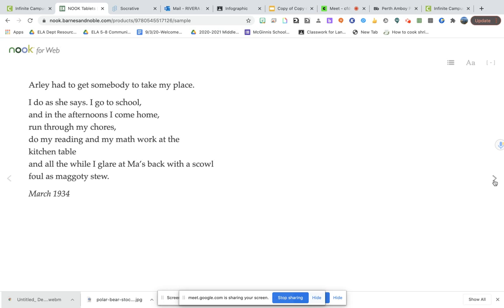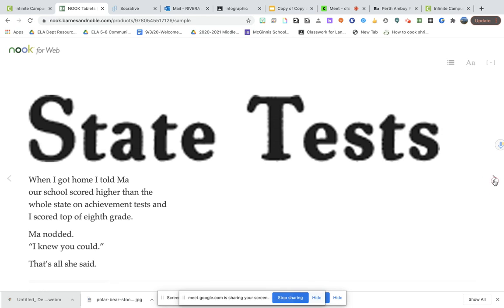The last sentence: glare at Ma's back with a scowl foul as maggoty stew. It's a comparison using like or as, which is called what? Miss Reyes, do you know? Yeah, that is correct, Mr. Jimenez. It is a simile with an E at the end.